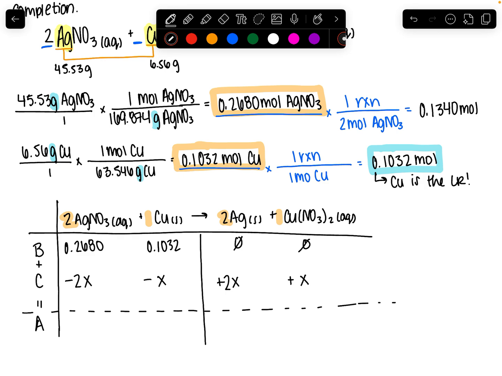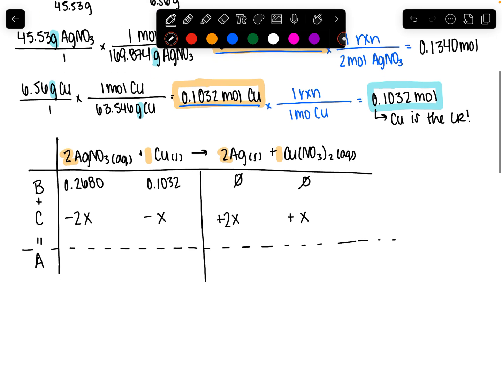I did forget to mention this, but in a BCA table, you want to make sure that you are only including moles because your moles are your proportional values. You can compare moles, you cannot compare masses. So we're going to make ourselves a little equation for each of these sections. After the reaction, we started with 0.2680 moles of silver nitrate, and we're going to lose 2x amount.